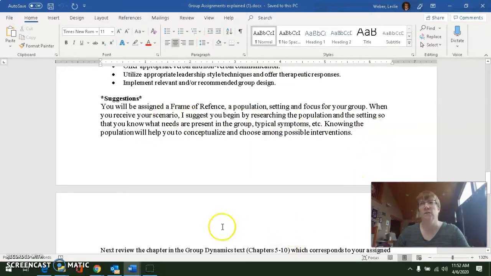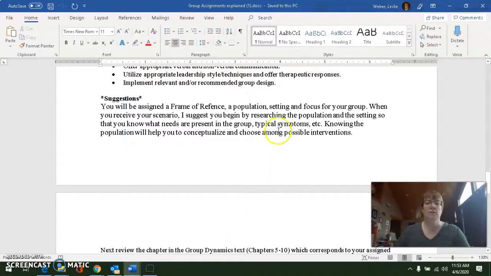For example, the one was people with personality disorders, and your focus was social participation. So what I would look at was, what is a typical struggle or problem that people with personality disorders have with social participation? What does that look like for them? And that's where your intervention is going to be.